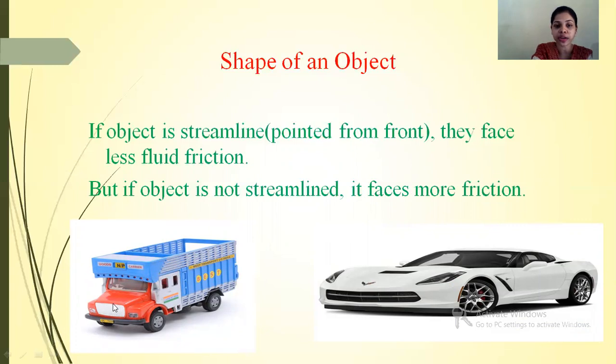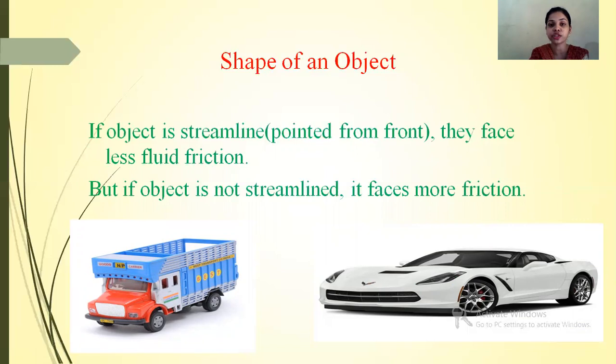Its front is not pointed, but the shape of the car is like a streamline, and it faces less friction, okay, means it can easily move, but the truck faces more friction. And that's why planes and birds also have a streamlined structure on their body, because they can easily move. They face less friction. Okay, so this is the reason behind that.